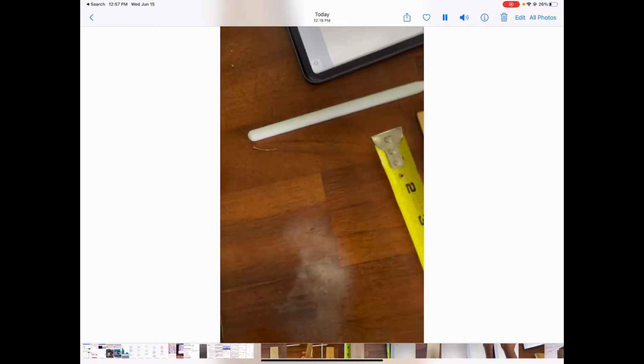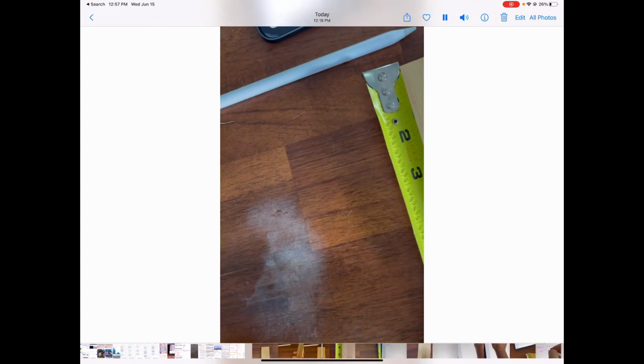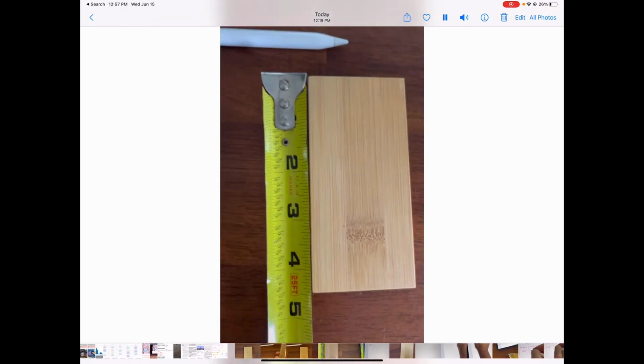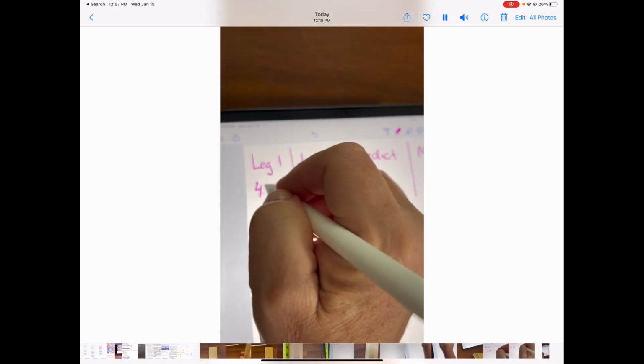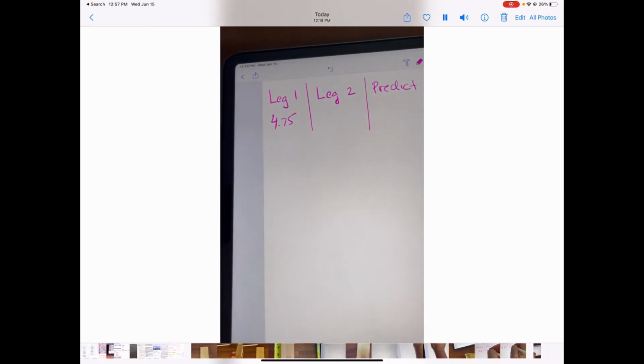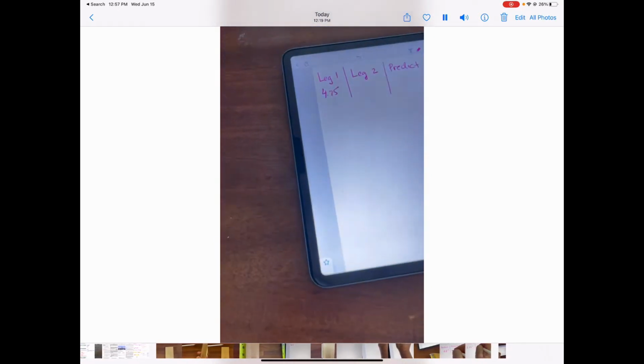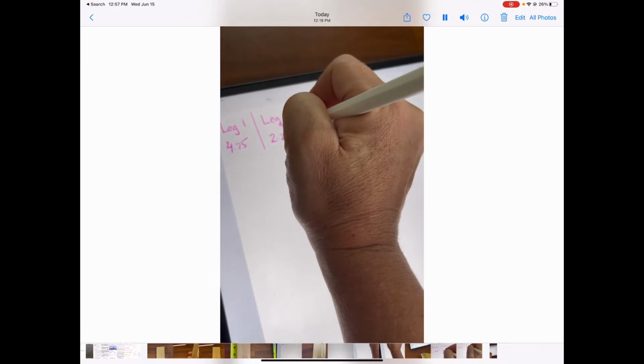First, when I measure this leg here, I get 4 3/4. So I write it here, 4.75. It's easier if you convert it to decimals. And for this one, I get 2.25, 2 1/4.